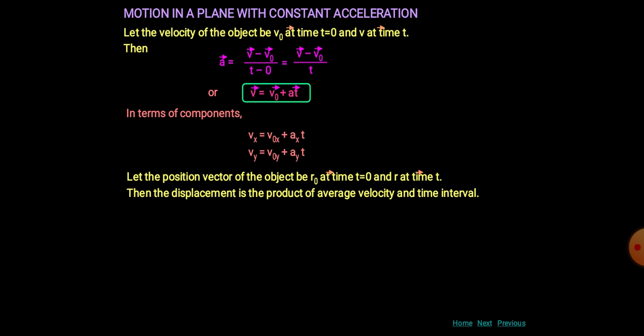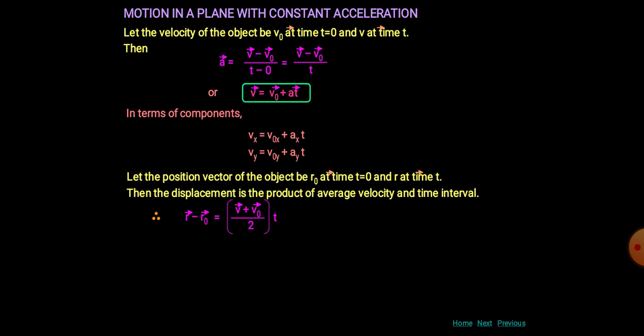Now let us try to understand. Here we have to take the object at r0 at time t0 and r at time t. Then the displacement is nothing but what? You already know, it is the product of average velocity and time interval.